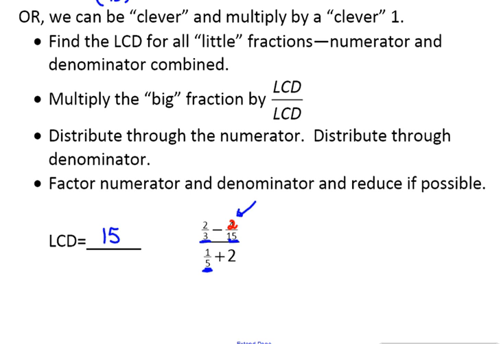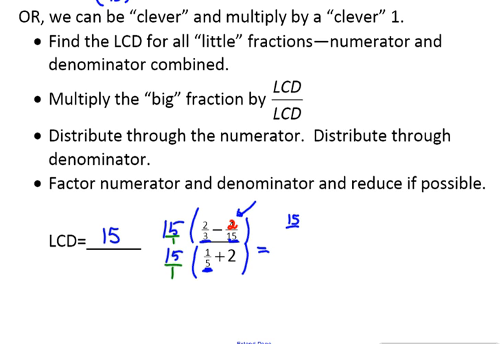So then I'm going to multiply the numerator by 15 and the denominator by 15. Because I'm multiplying fractions, you may want to think about it as being 15 over 1 for both of those. But you can see my clever 1, 15 over 15 is 1, and it's not going to change the value of my fraction.